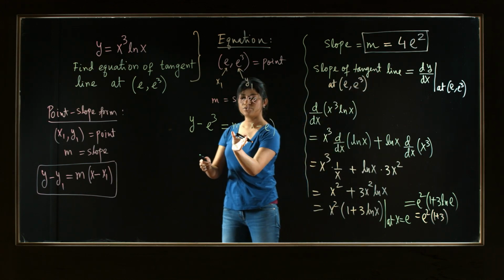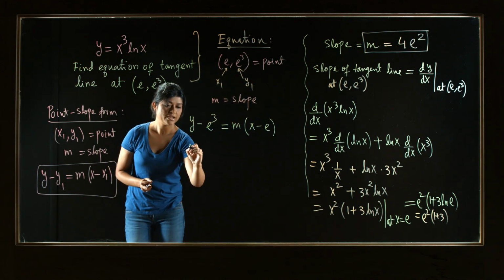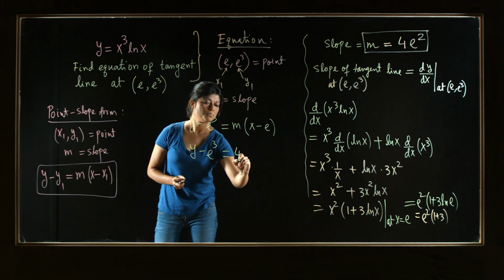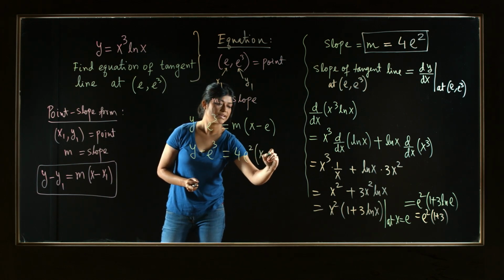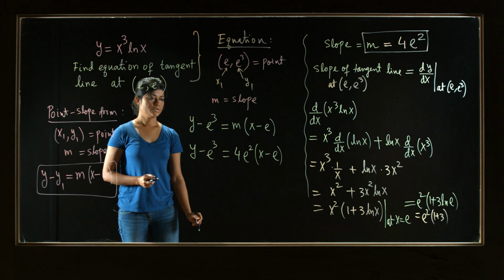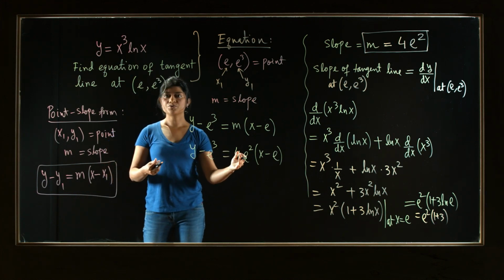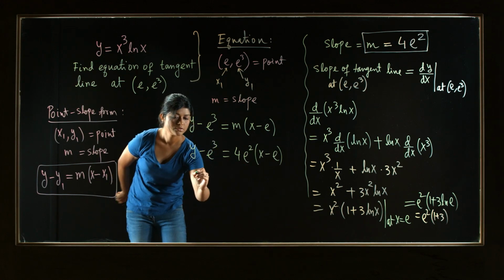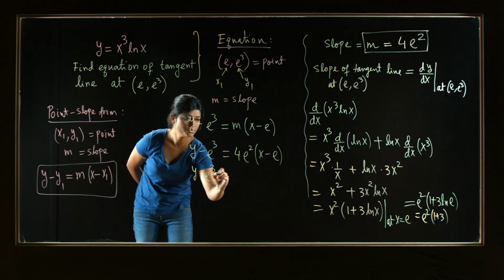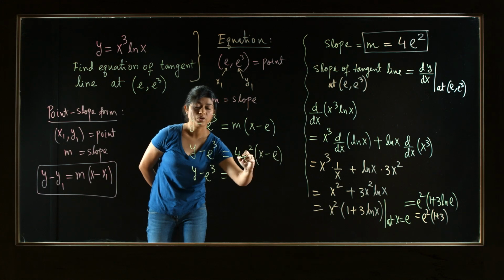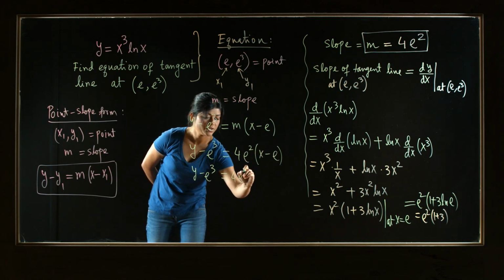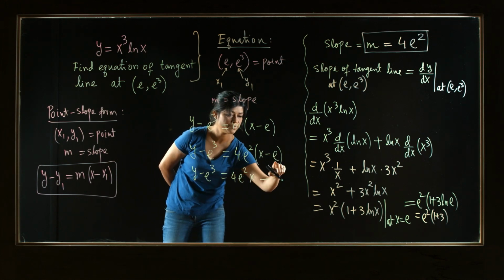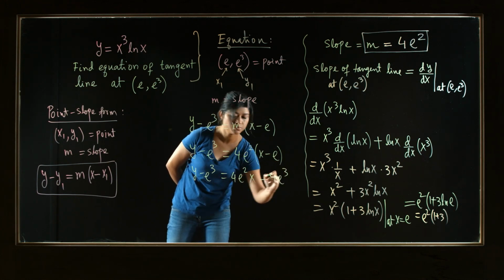So bring that here and write it down. We'll have y minus e cubed is equal to 4e squared times x minus e. Usually a linear equation we write as y equals something, so simplify it a little bit. Here you distribute the 4e squared, so you have 4e squared x, and then minus 4e squared times e is 4e cubed.